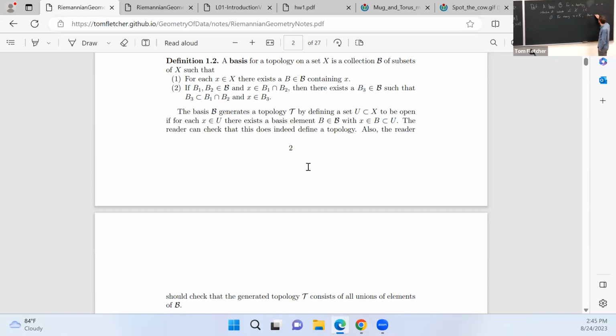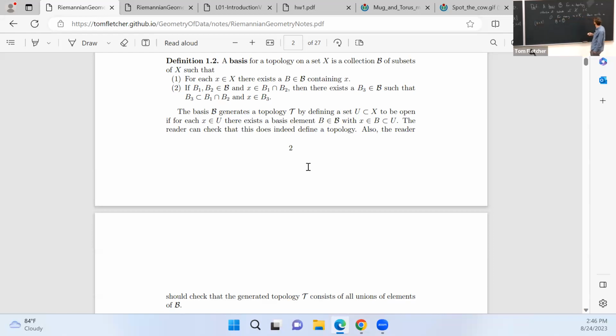So there exists a normal B that is an element of script B. Again, just like the script T is a collection of subsets of X, script B is a collection of subsets of X. So B is a subset of X, which means this is a set.